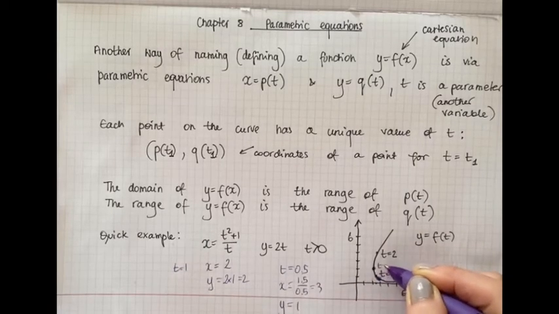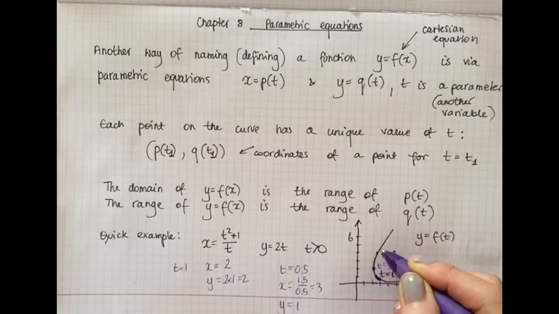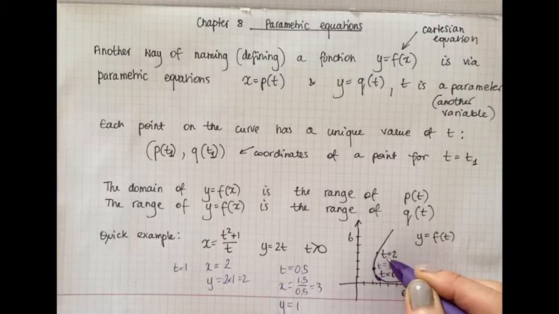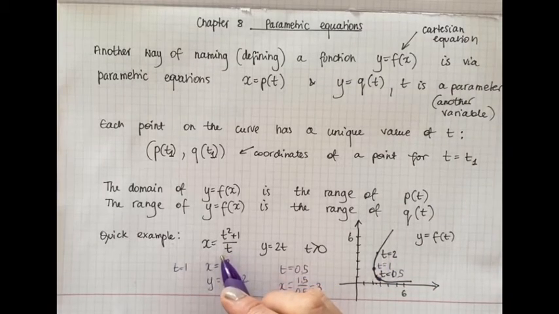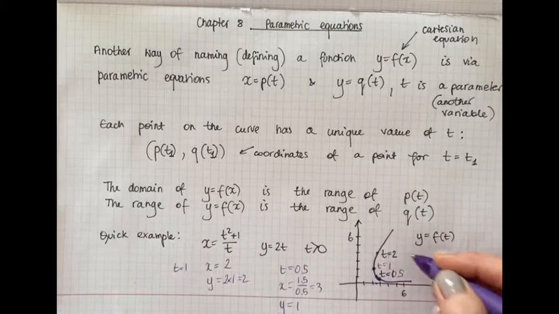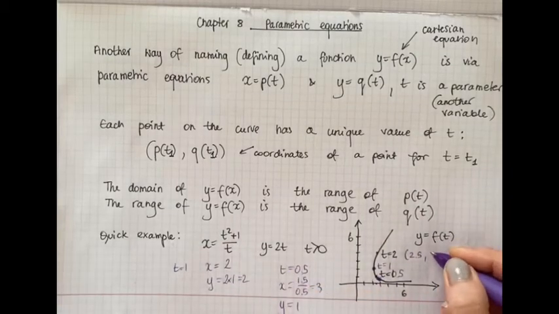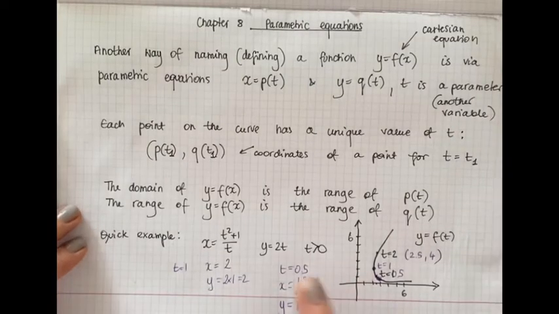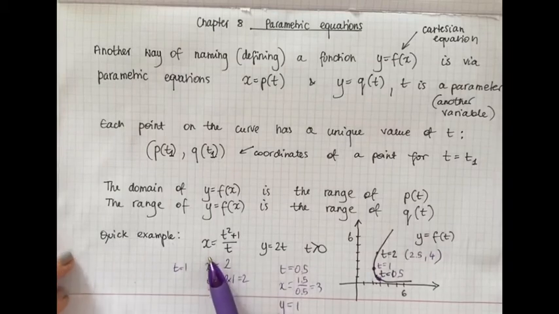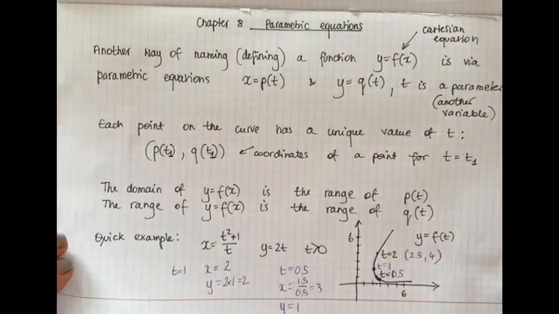Anyway, it shows you that as your t increases, you're going to find points along the curve. If you put t equals 2, that will give you 5 over 2, so 2.5. So if you know the value of t and you know the definitions of the parametric equations, you can find any point on the curve.